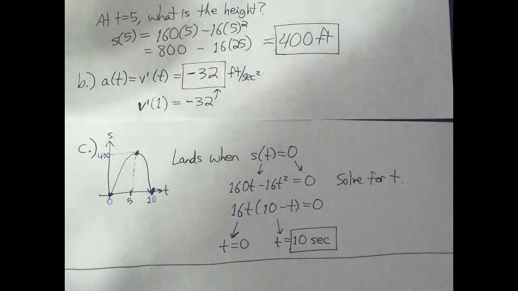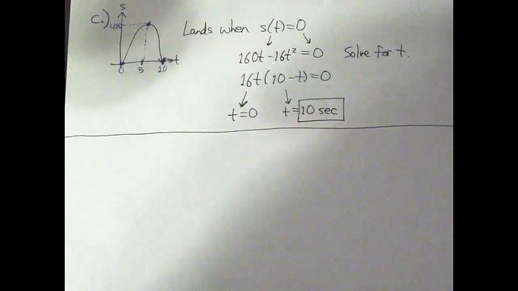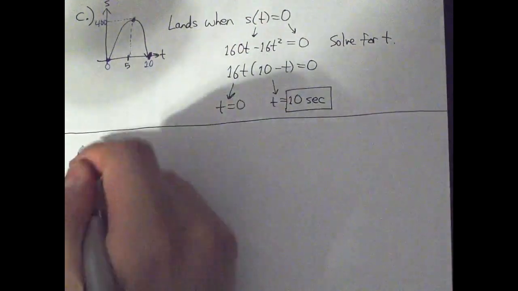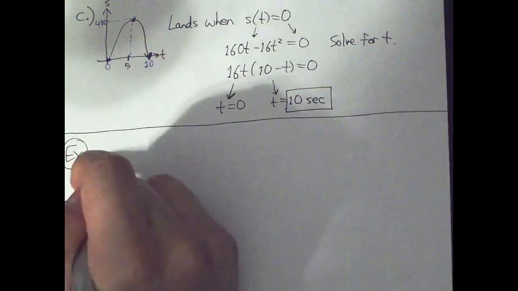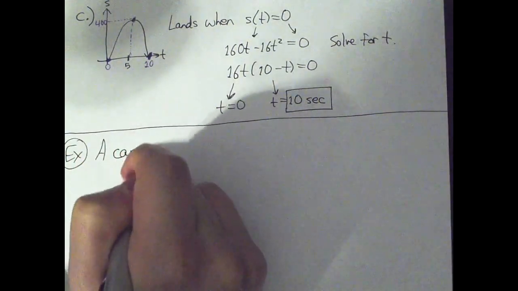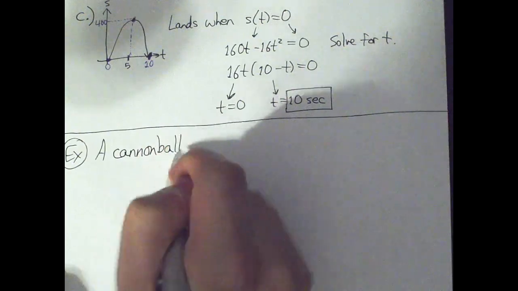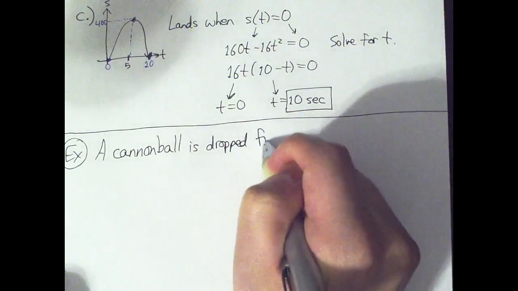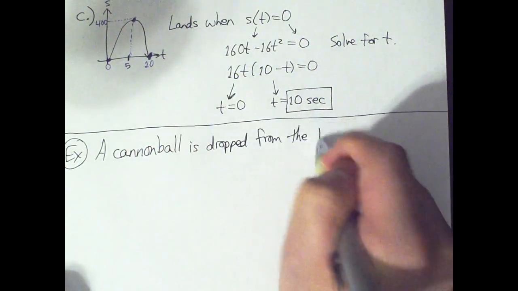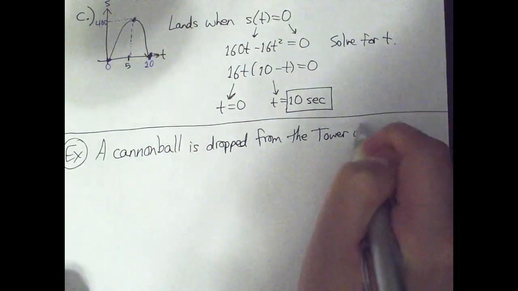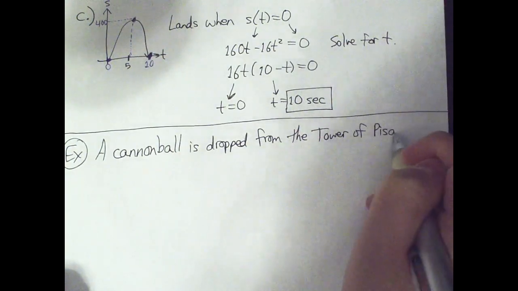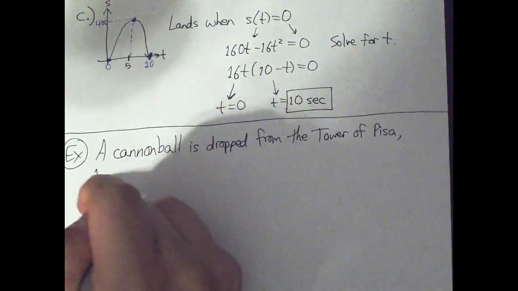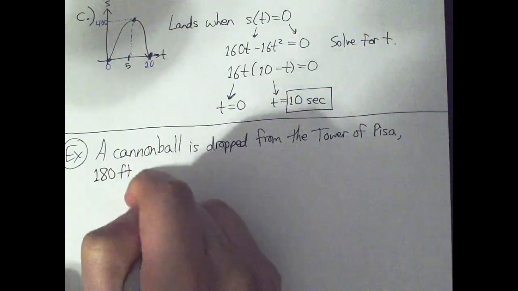All right, I have one for you to try. This problem I give you is just going to have one part. It's not going to be like a part A, B, C. So, example. A cannonball is dropped from the Tower of Pisa, 180 feet above the ground.